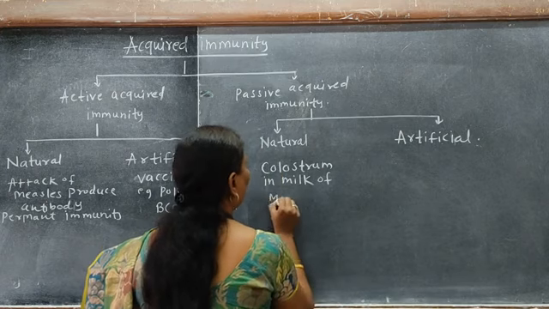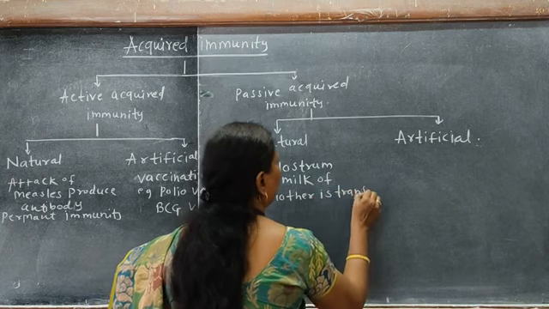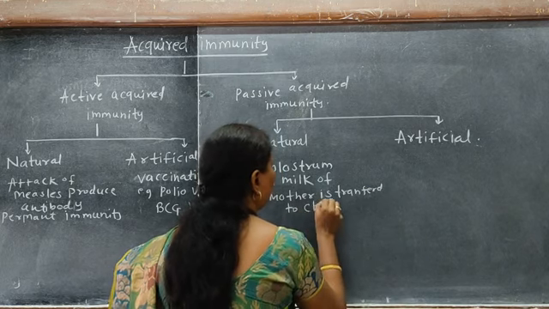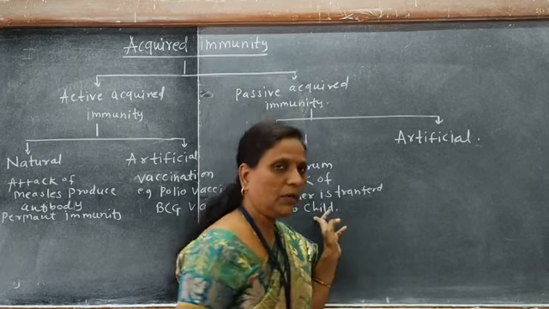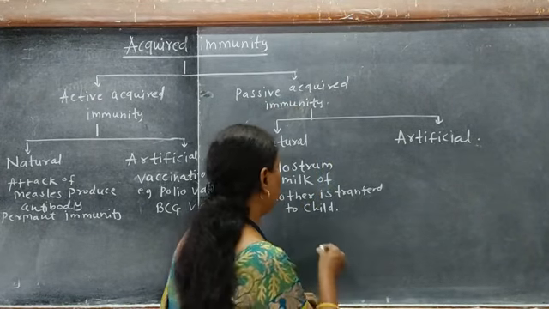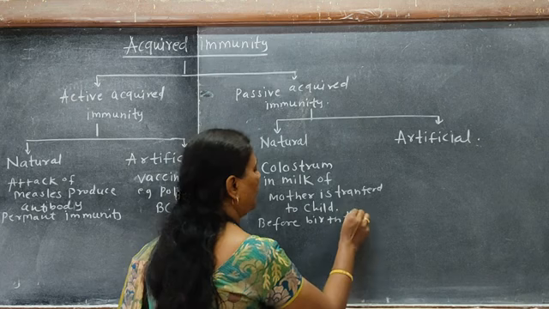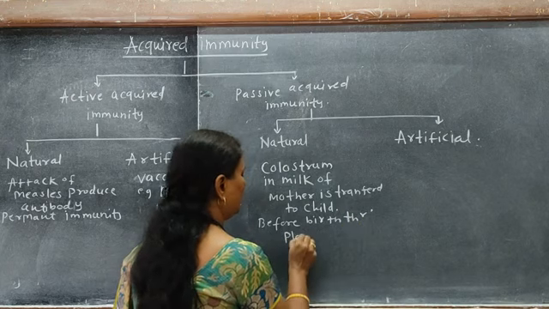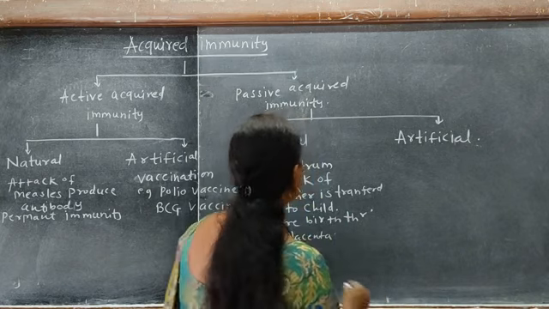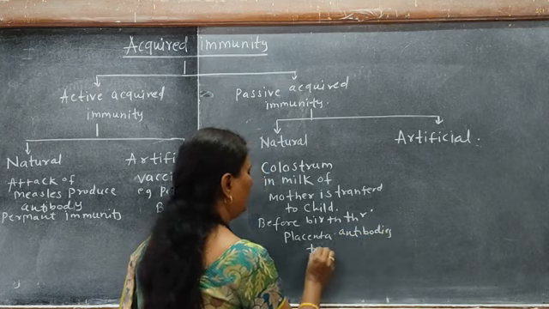Colostrum in the milk of mother is transferred to child after birth, and before birth, antibodies are transmitted through the placenta. So it is about the natural passive immunity transferred.